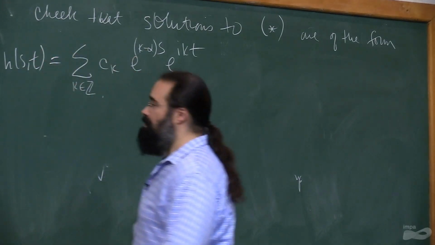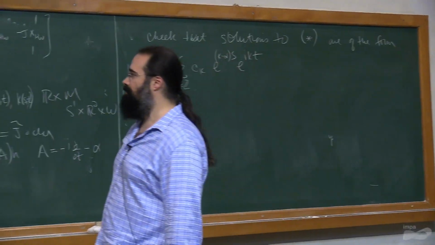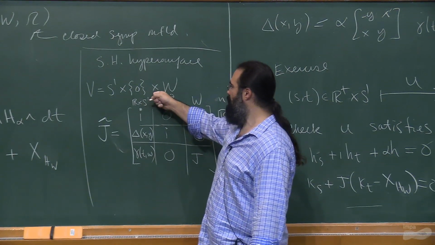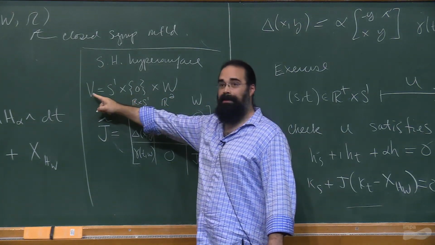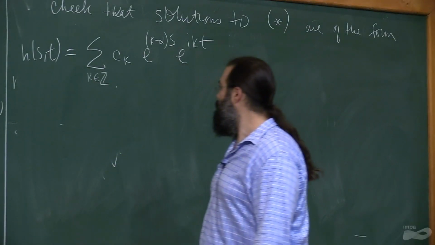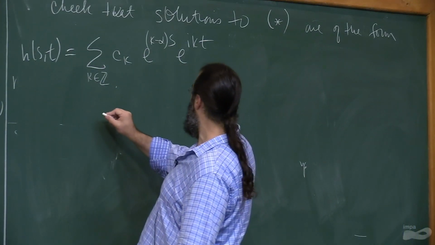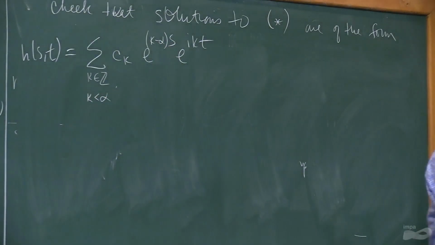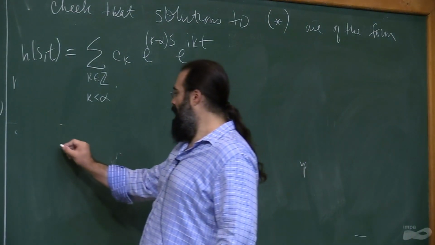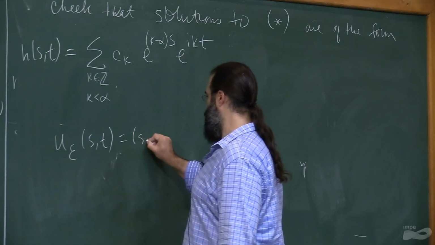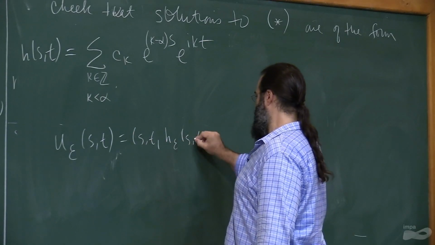And I said I want these things to converge to, so let's not lose sight of what's going on here. I've got this stable Hamiltonian hypersurface, and I want them to converge to a periodic orbit in V. So the h component should be going to 0. So in order to guarantee that happens, h going to 0 at infinity, I only want to consider k less than alpha so that this exponent will be negative. Okay, so given that, I can write down now a family of maps. U epsilon (s, t) equals (s, t, h epsilon, k).